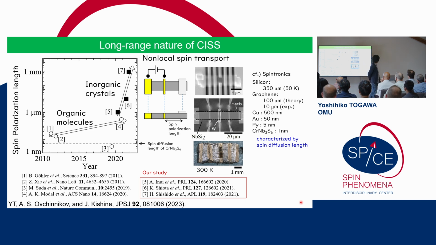Of course, it's really beyond our conventional understanding of spin diffusion length. Here you can see the typical value of the spin diffusion length. Apparently this chiral crystal can transport over a really long distance, through the crystal.